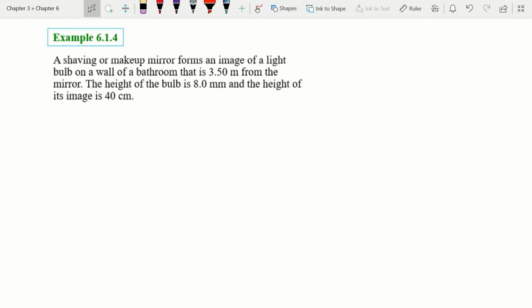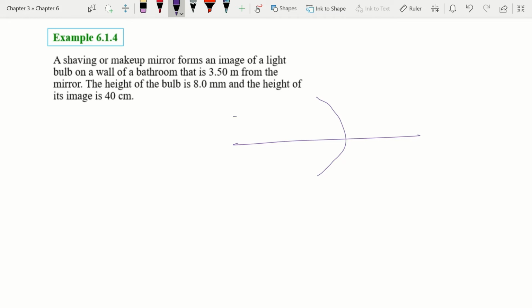Okay, now let's look at example 6.14. A shaving or makeup mirror forms an image of a light bulb on a wall of a bathroom that is 3.5 meter from the mirror. When we are talking about a shaving or makeup mirror, immediately we know it is a concave mirror.